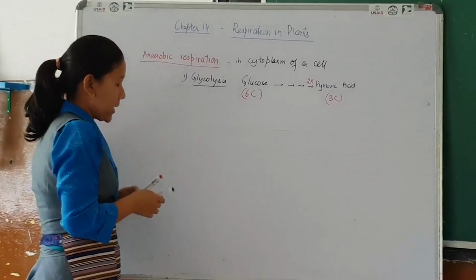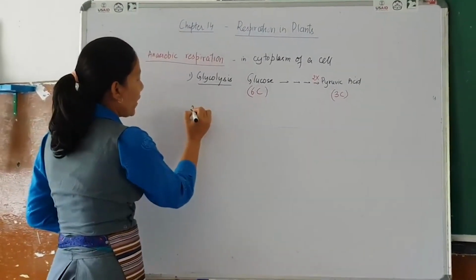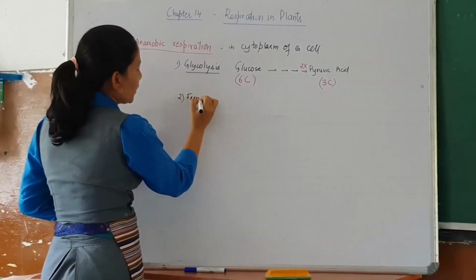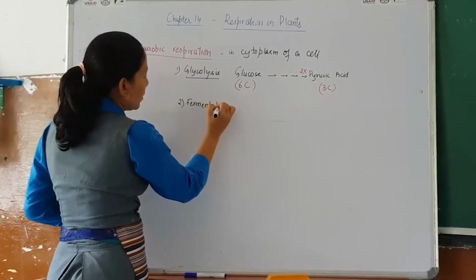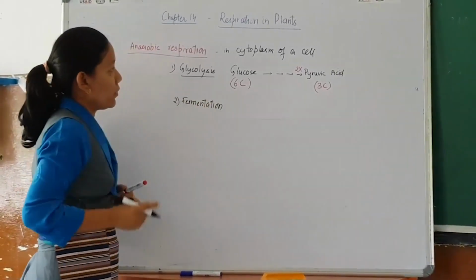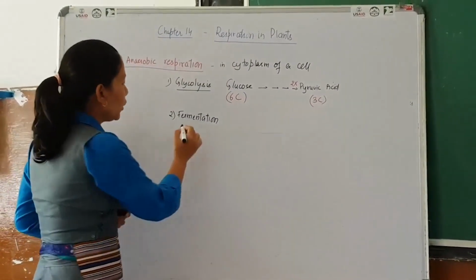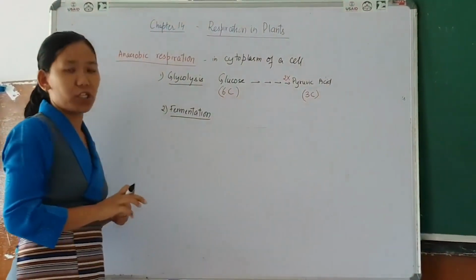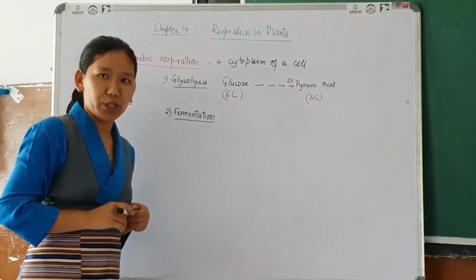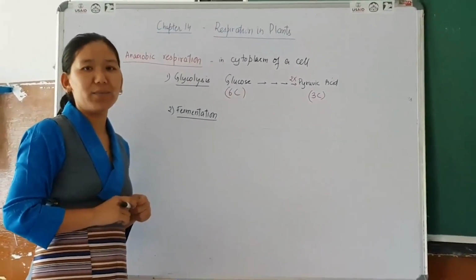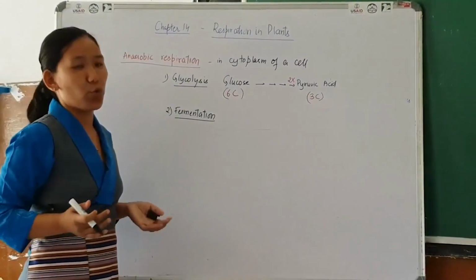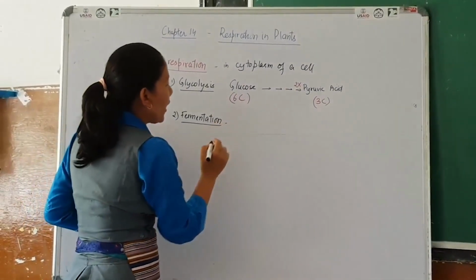Now the second step here is fermentation. This pyruvic acid can either undergo lactic acid fermentation or alcoholic fermentation, depending upon the organism and the situation. So we have fermentation.